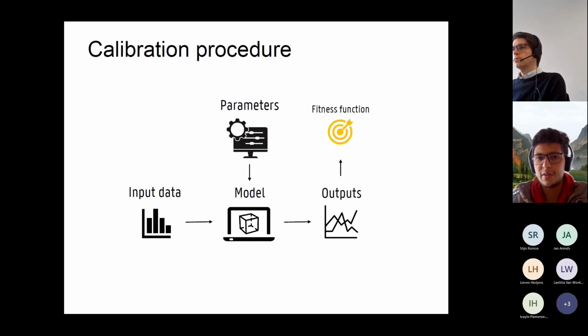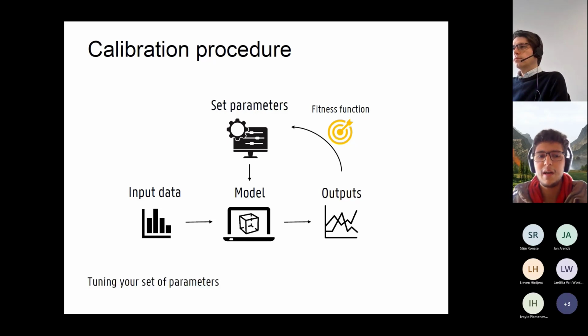So you encounter the first issue of the calibration procedure, that is, you start calibrating your parameters, tuning them one at a time until you are able to actually produce the outputs that you expected. For that, you probably will use some kind of fitness function or a certain rule of thumb to make sure that you're leading your parameters in the best way.